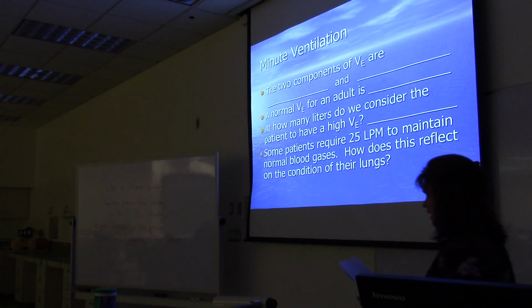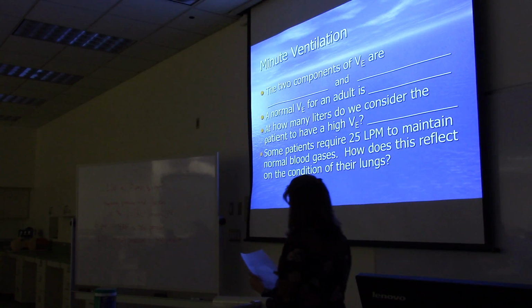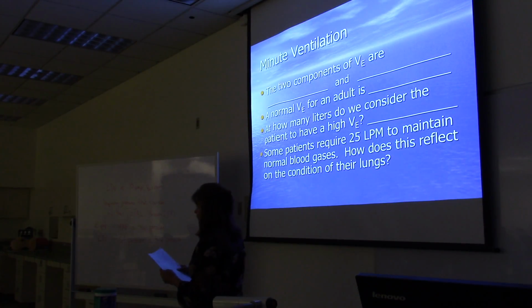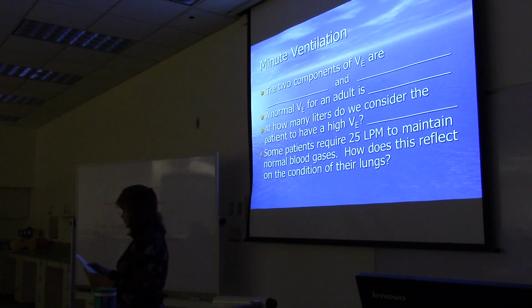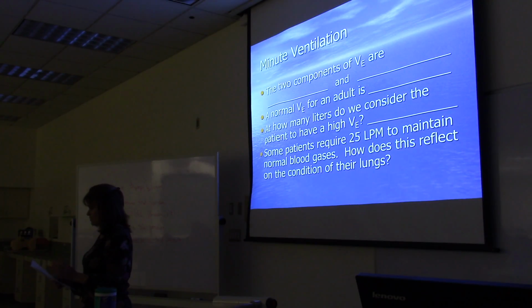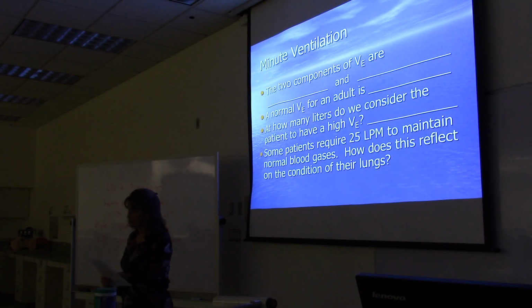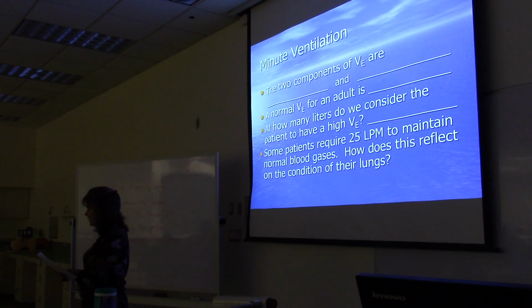So you can write down that sick lungs have a high VQ mismatch and require a higher VE, or require a higher minute ventilation, to maintain a normal ABG.